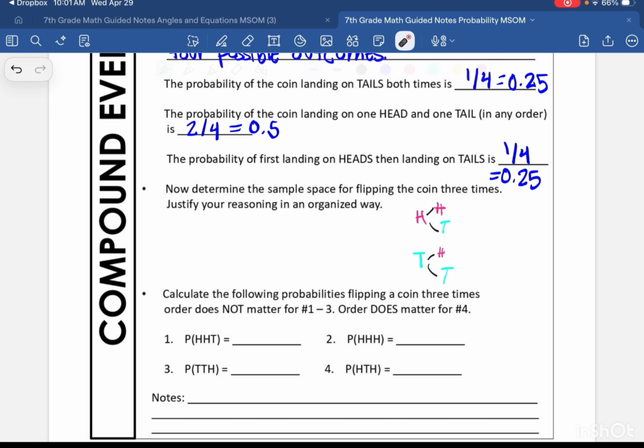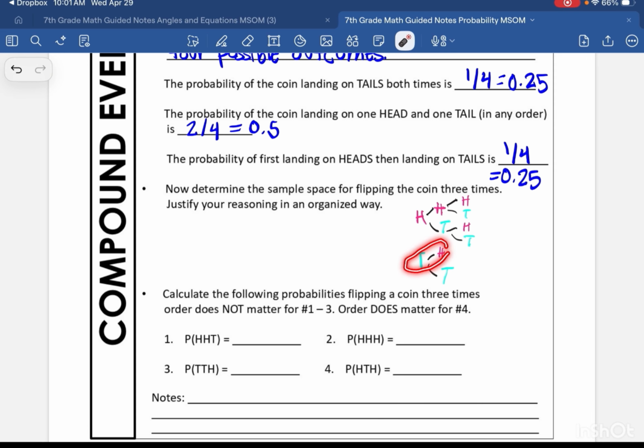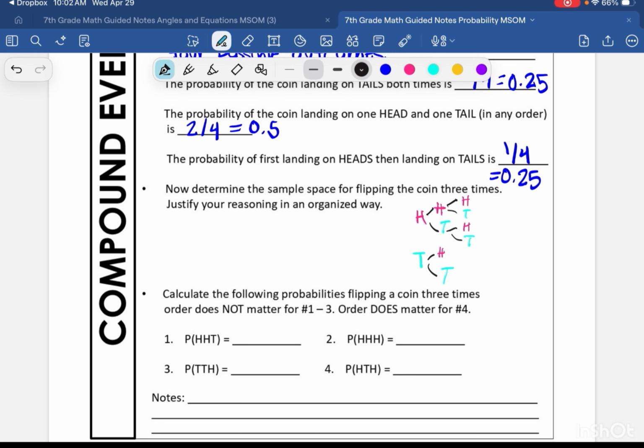Going back to the top here, if I get a heads first and then the heads second, my third flip can either be a heads or it can be a tails. If I get a heads first and then a tails second, my third flip can either be a heads or it can be a tails. If I get a tails first and then a heads, my next flip can again be a heads or a tails.